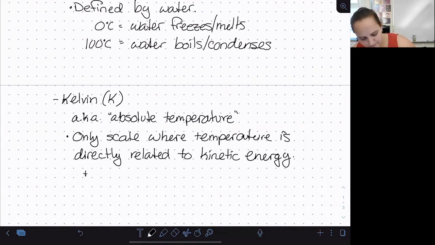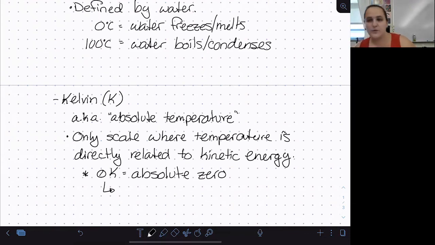Zero Kelvin is also known as absolute zero. It is where particles have zero kinetic energy, where all molecular motion stops.